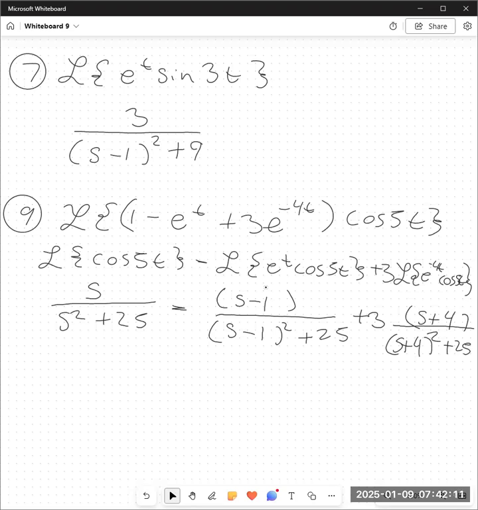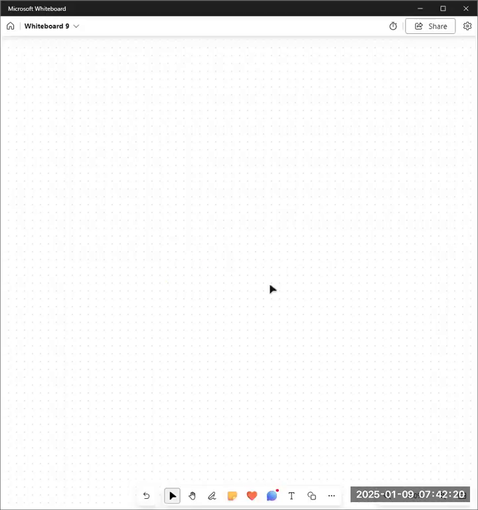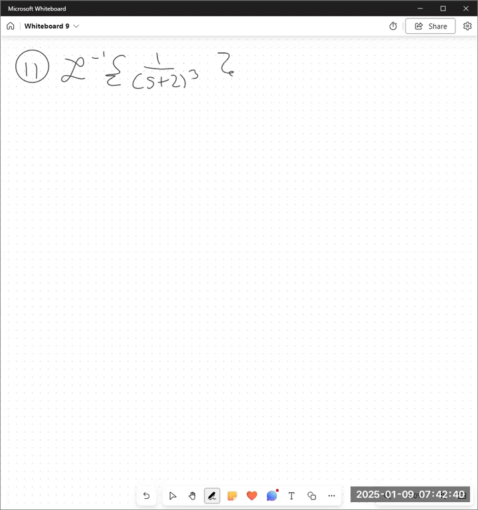Let's go ahead and look at some inverse Laplace transforms now, that have been translated. So we're on number 11. That's the inverse Laplace transform of 1 over s plus 2 cubed. So this is 2 plus 1 down here.